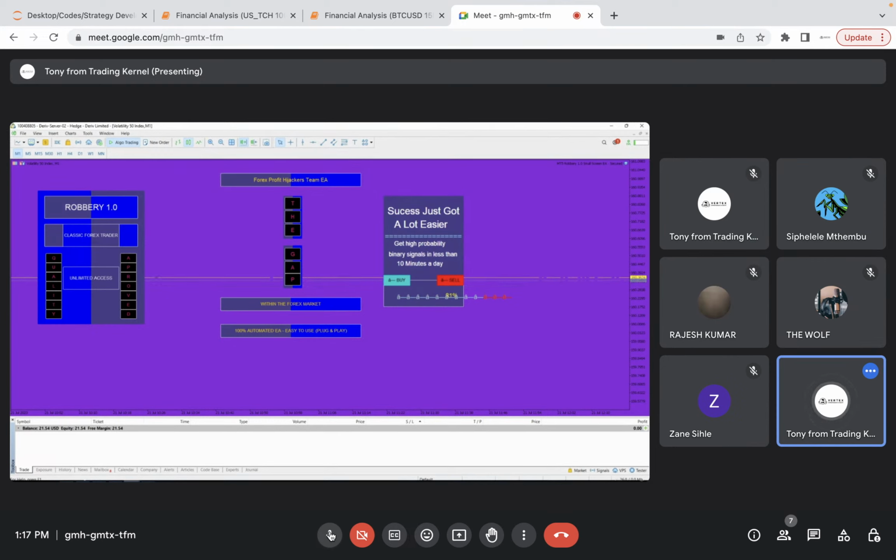Is your present button grayed out? You can unmute your microphone. If you are there, you can unmute your microphone and please talk.